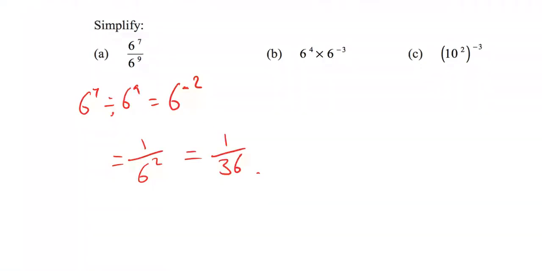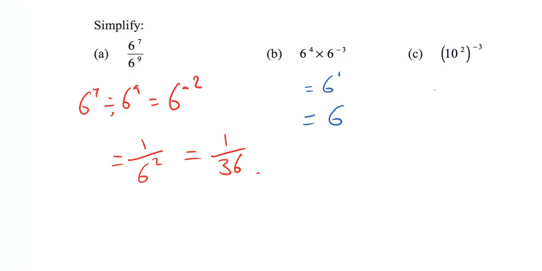Now, in B, if I wanted to multiply these two terms together, I'm going to add the powers. So this will be 6 to the power of 1, because 4 plus minus 3 is 1. And 6 to the 1, of course, is just 6. Finishing this off, if I had 10 squared to the minus 3, well, I multiply the powers in this case.